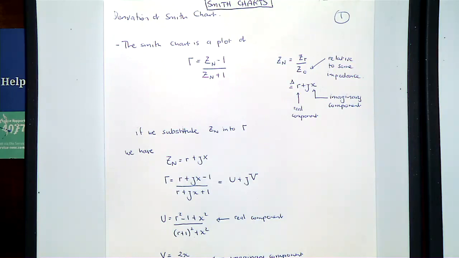What people did in the 30s and 40s, when people didn't have computers, right? A computer was this super expensive piece of equipment which was as large as this room and probably had less compute power than your watch. So what people derived was graphical means to solve certain problems. And that's all a Smith chart is, right? It's a graphical representation of impedance, and it allows you to do some interesting calculations graphically, right?